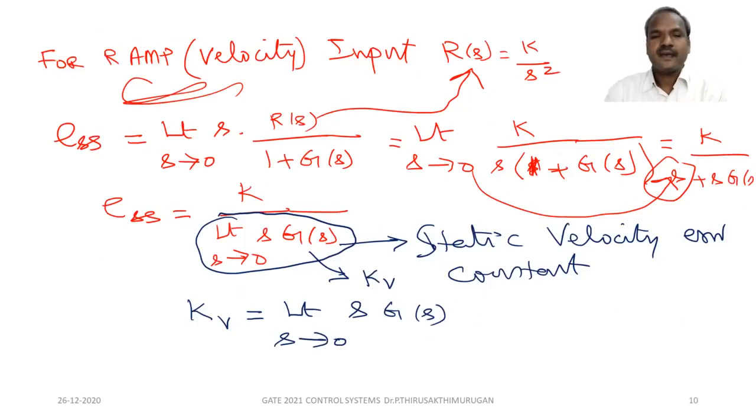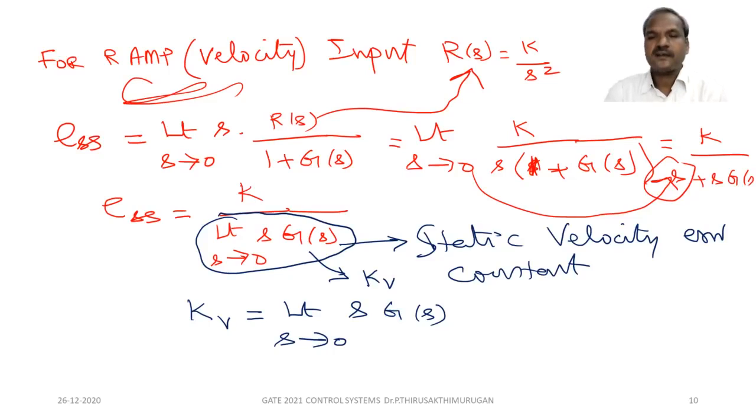Let us apply the ramp velocity input here. For ramp input, R(s) is k/s^2 in the Laplace domain. So ESS equal to limit s tends to 0, s into R(s) divided by 1+G(s), which gives limit s tends to 0 of k/(s+sG(s)).